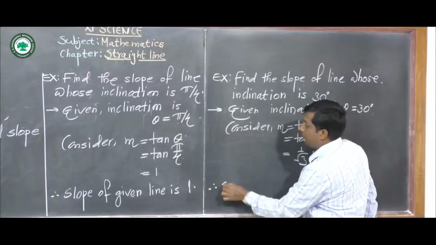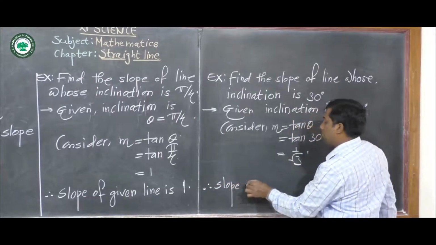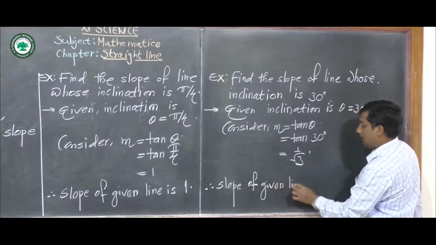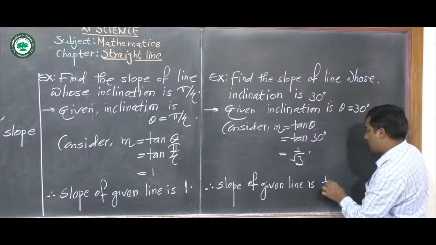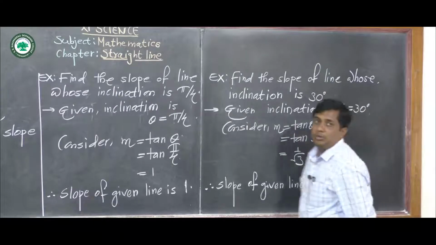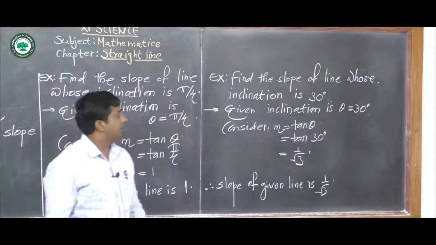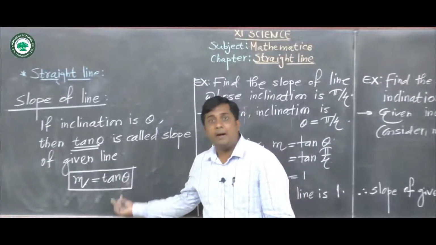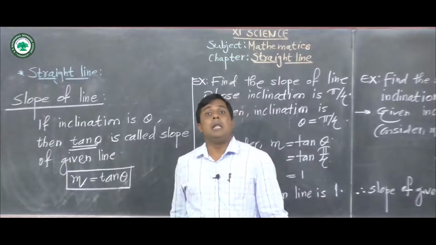So the slope of the given line is 1 upon root 3. Okay, so a very simple example. Directly by using the formula m is equal to tan theta, we find the slope of the given line.